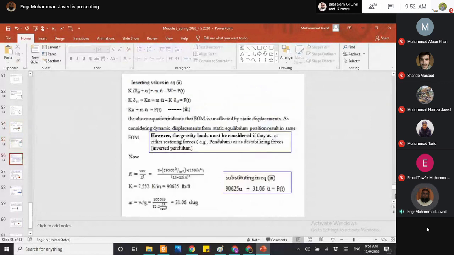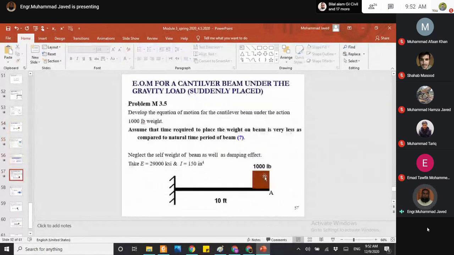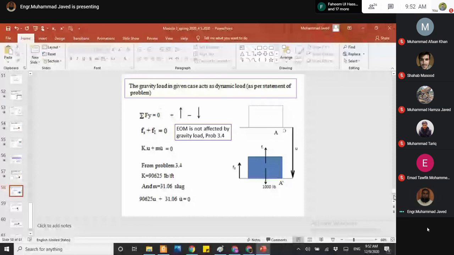In this case, the suddenly applied load acts as a dynamic force, and we have no other dynamic force, and the equation of motion doesn't have P of t. Now, if you have any question, you can ask so that we can proceed further.